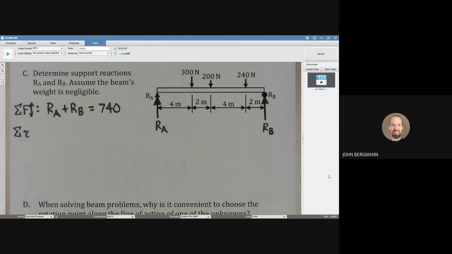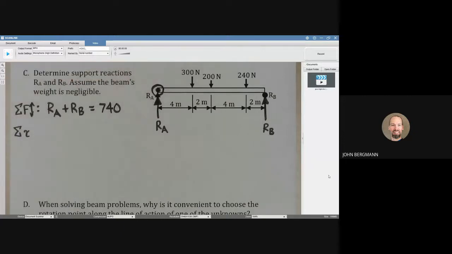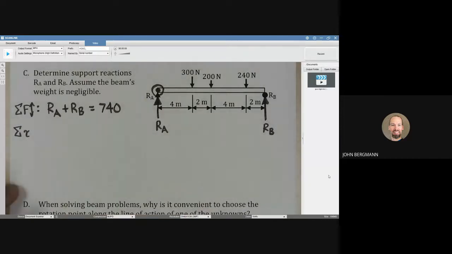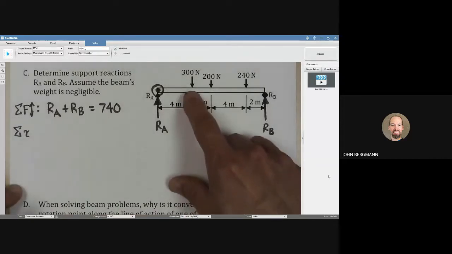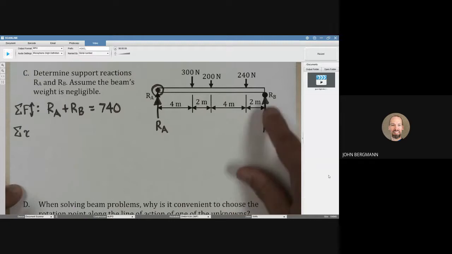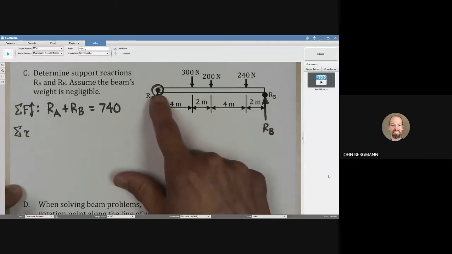And this is where we have to pretend to put an imaginary pin in somewhere. So I'm going to put this imaginary pin right there. I'm going to pretend that I'm holding that beam in place right there. You can see then all of these other forces, the 300, 200, 240, and also RB, contribute torque relative to this pin.